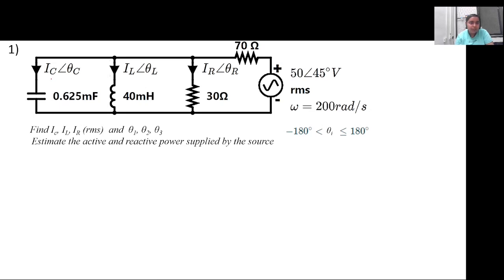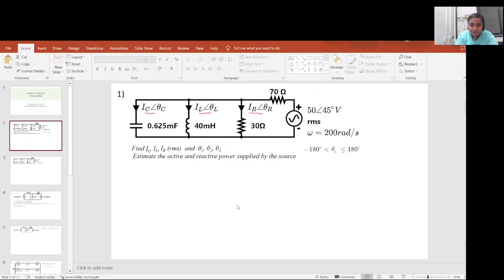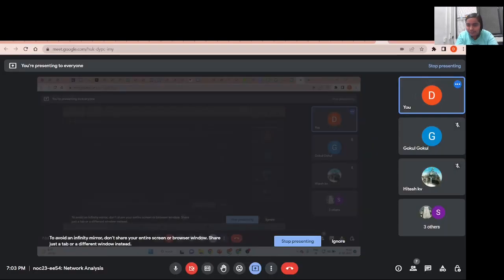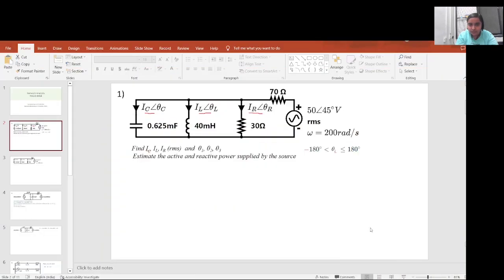How are we going to come up with the branch currents that are here? Anyone? I'm audible to you, right? Yes, ma'am. Okay.